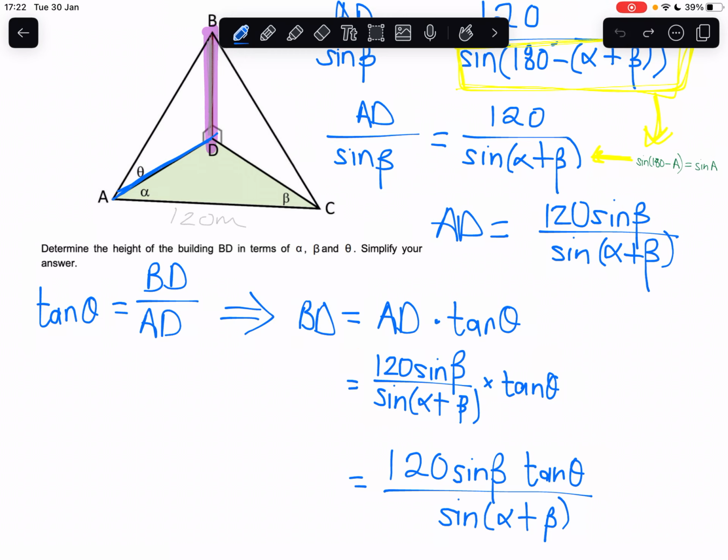So again, not a tough question, just in terms of how tough these things get. But one of those questions where it's about strategizing and thinking carefully about which values you need to compute, which will advance your solution, right?